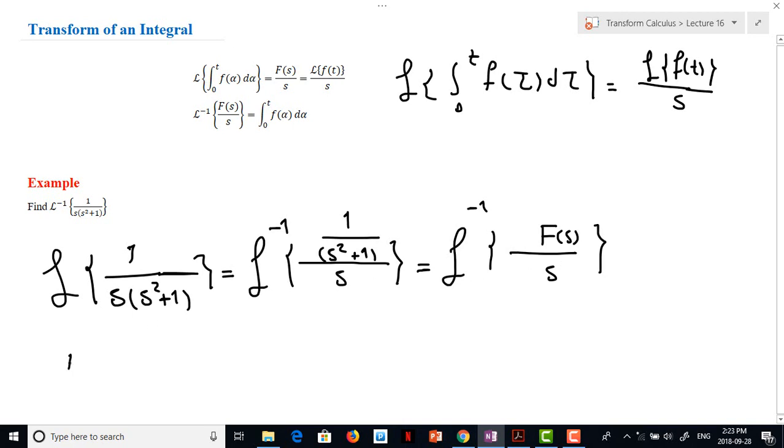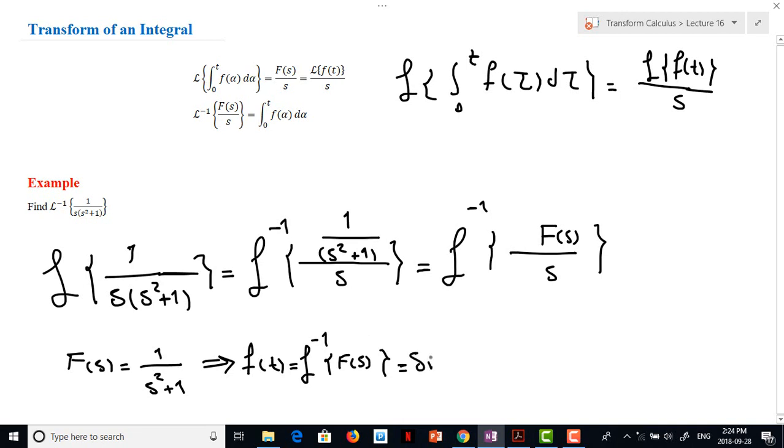So what is F(s) here? F(s) in this case is 1 over s squared plus 1. If F(s) is 1 over s squared plus 1, then f(t), which is the Laplace inverse of F(s), is equal to sine t.